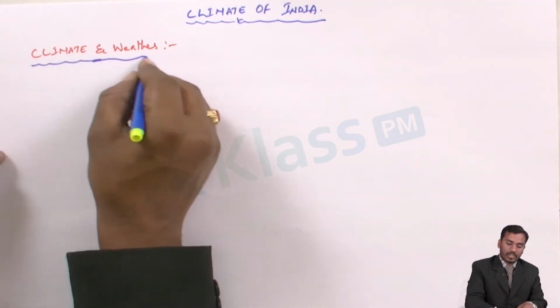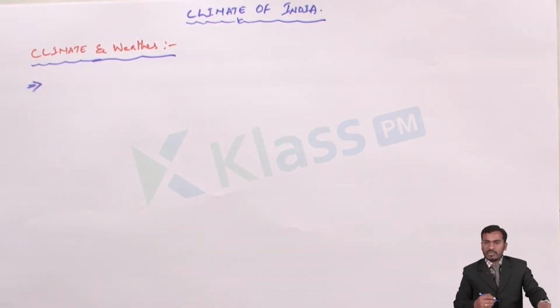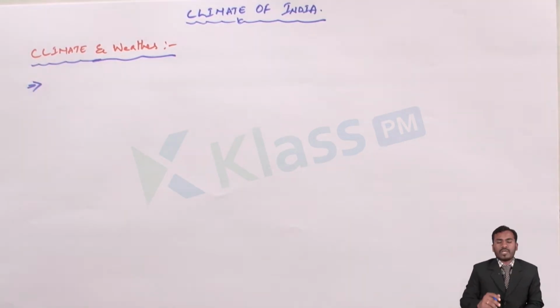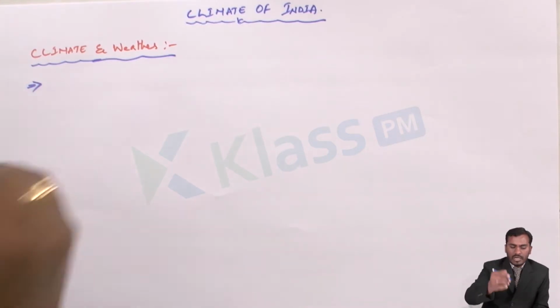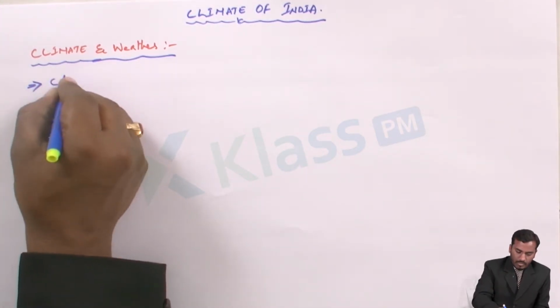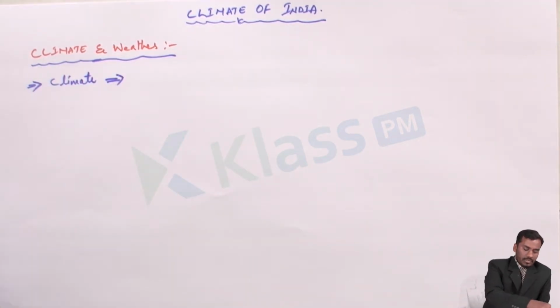First of all, let us know what these are. See, in general terms, what is called weather and what is called climate, that will be learned. Forget about your bookish definition or a proper definition. Generally, what is meant by climate?